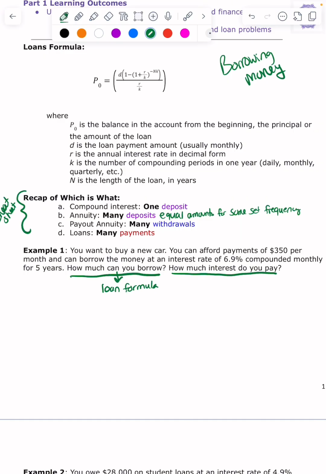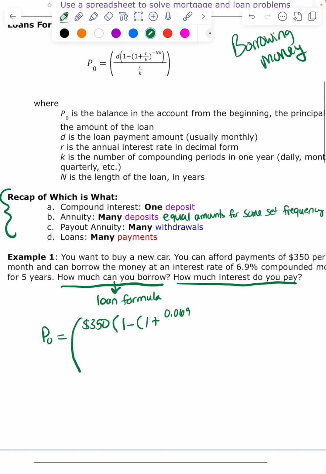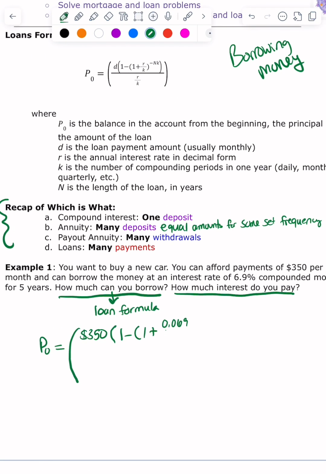All right, so using our formula, we know what the payments are that we can afford. So let's set this up as P sub 0 equals big parenthesis, $350 in the numerator, parenthesis 1 minus parenthesis 1 plus the interest rate, which is 6.9, so I'll put 0.069 divided by K, the compounding periods, which is 12.